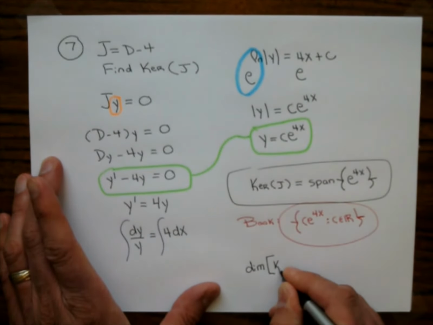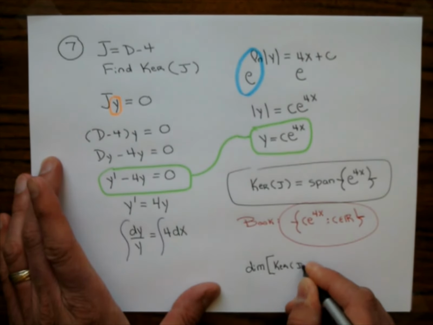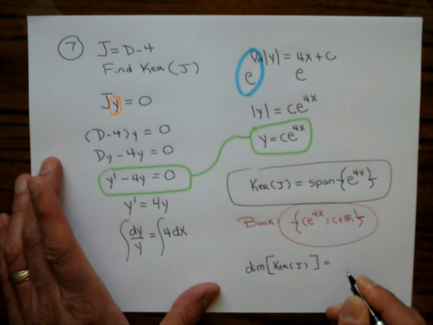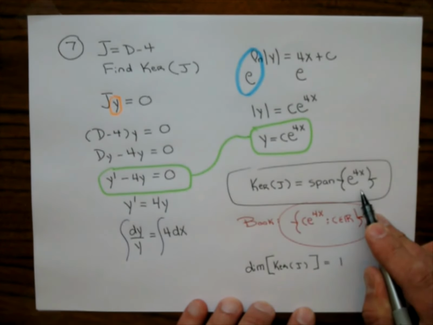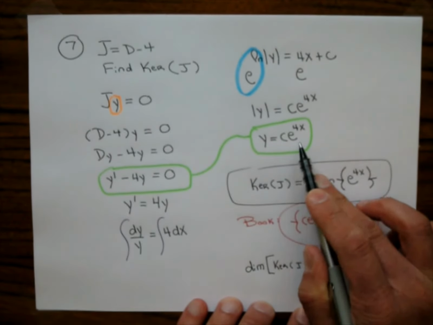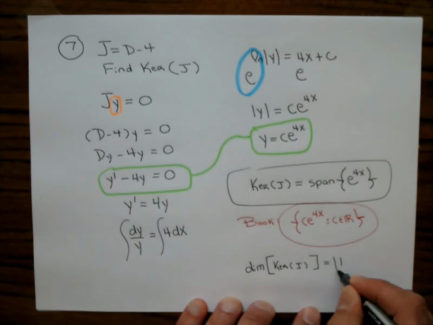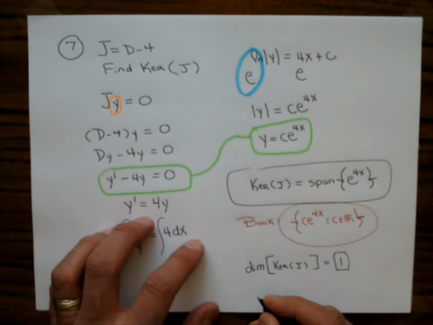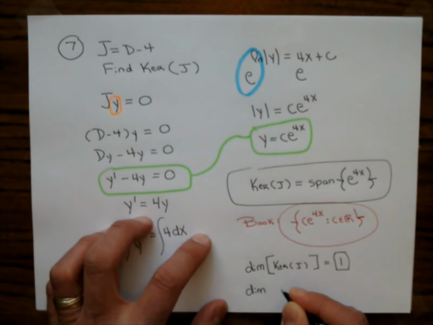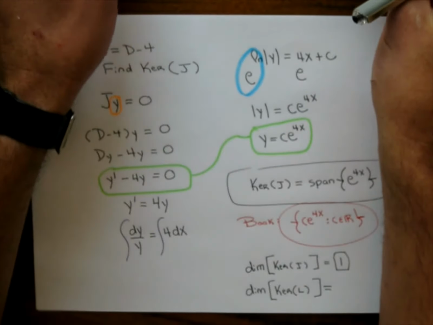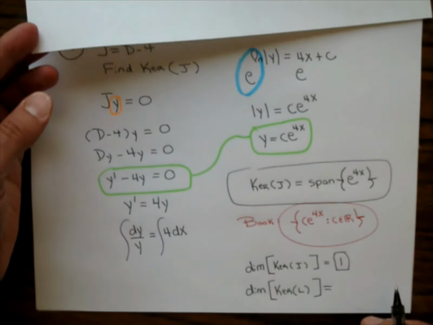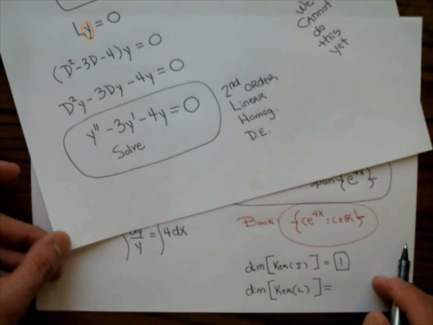The dimension of the kernel of this linear transformation happens to be 1, because there's only one element there. This is a linear combination of only one seed. So that's 1. The dimension of the kernel of L, and you're like, what is L? L is from the last problem. What do you think that dimension is going to be?